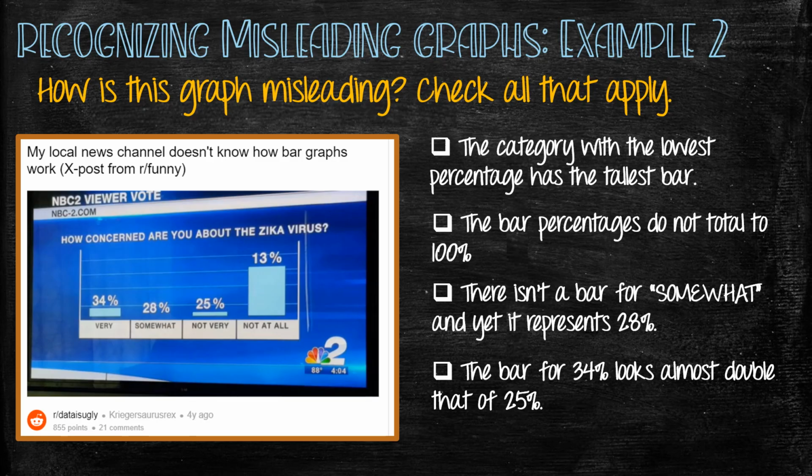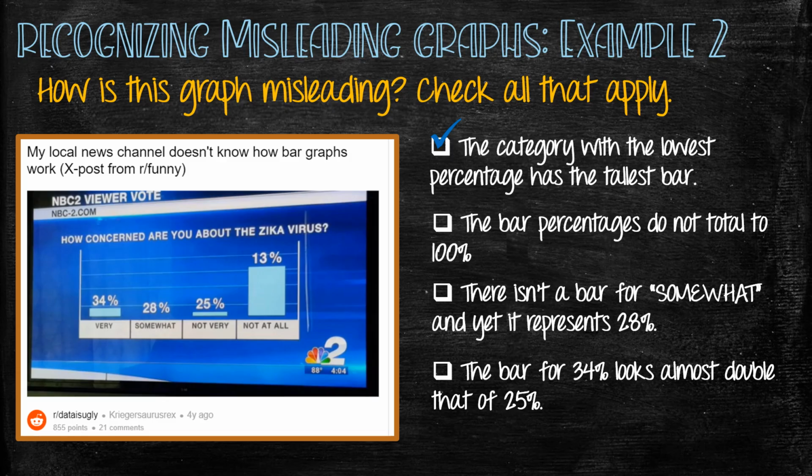Number 2, how is this graph misleading? Check all that apply. So the category with the lowest percentage has the tallest bar. Yikes, it does. Not at all is 13%. It is the smallest percent. It is the tallest bar. The bar percentages do not total to 100%.